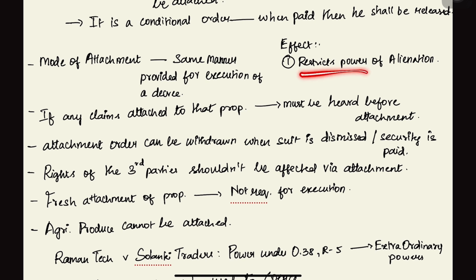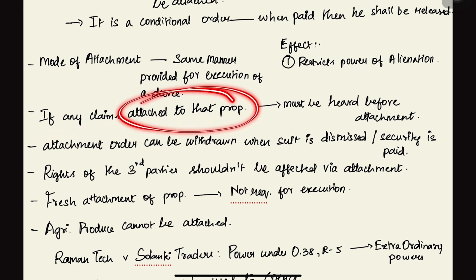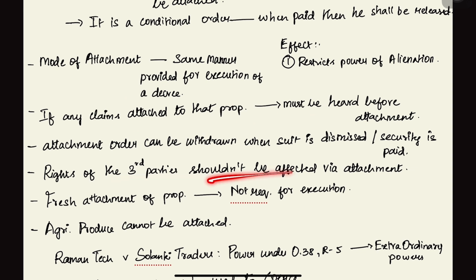So the effect of attachment would be that the defendant will be restricted from alienating his property. So the right to alienate his property will be snatched. If any claims are attached to the property, they will be heard even before attachment, so that no third party is affected by the attachment.